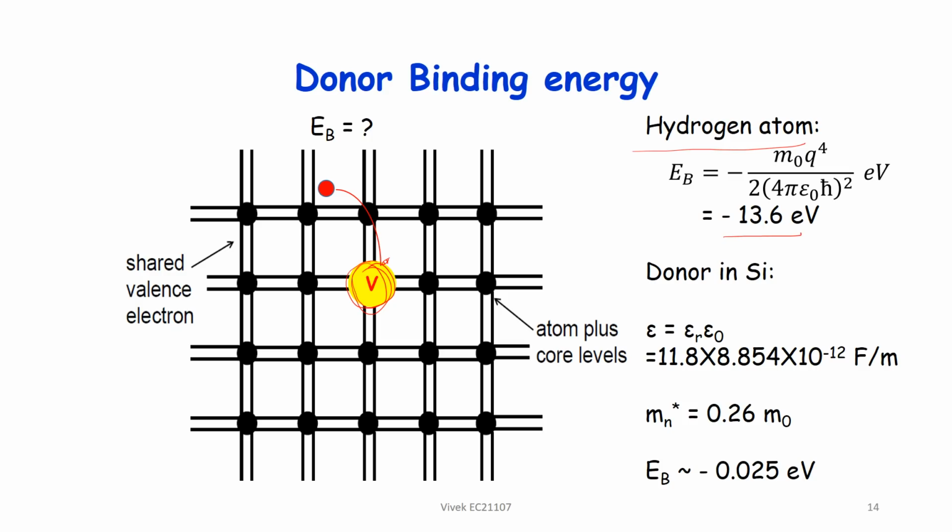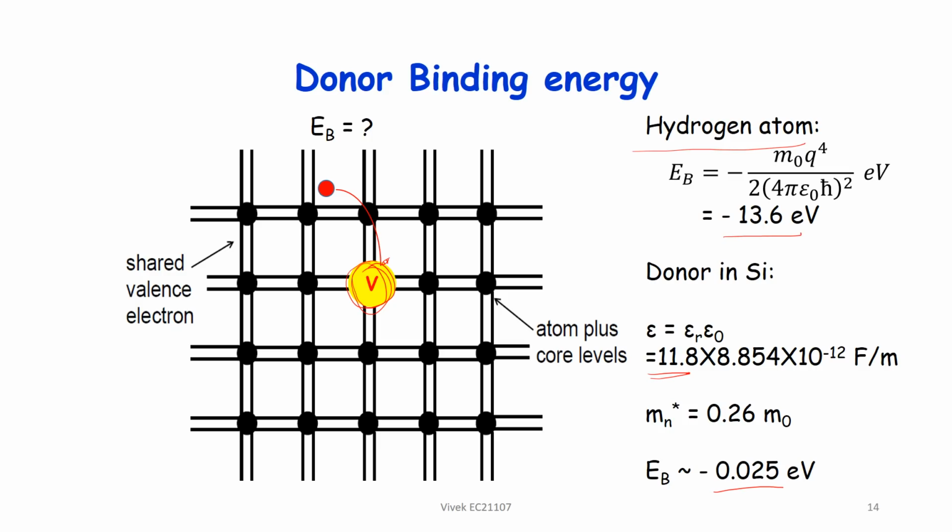Epsilon naught is the permittivity of free space, but in a silicon crystal it has a dielectric constant of 11.8, so epsilon naught is multiplied by 11.8 and the rest remains the same. So this basically becomes 13.6 times 1.18 divided by 11.8 squared, and that gives you around 0.025 electron volt.